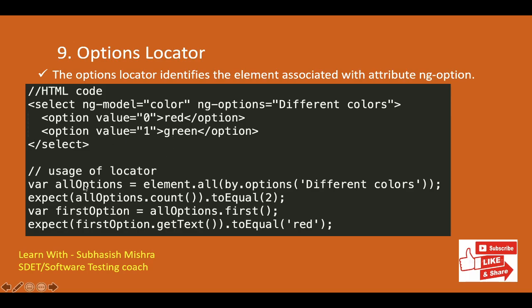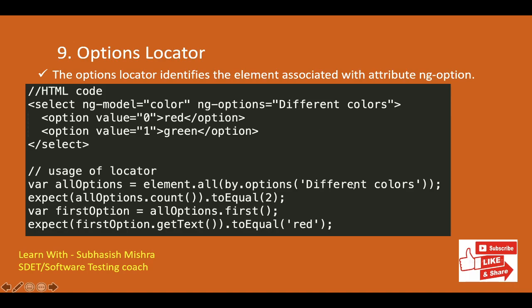So here we will use element.all. You know the element.all function will find all elements, and after using element.all we can do by.options, where different color is coming from the ng-options attribute text, you can pass the same value.